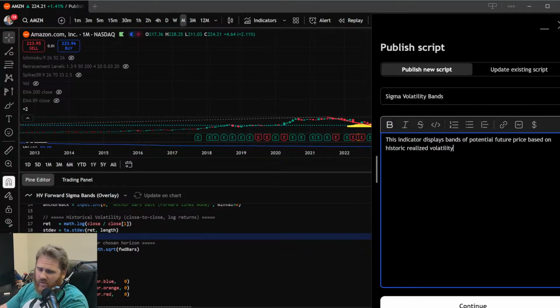That's redundant, historic realized volatility is redundant, but we'll put that in to be explanatory. This can be used for finding price targets where there is no past price action.